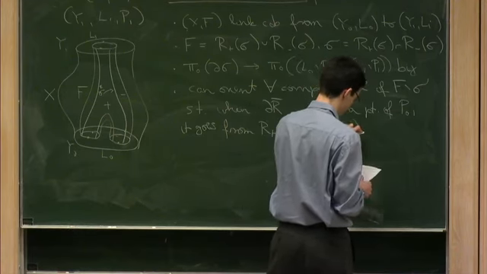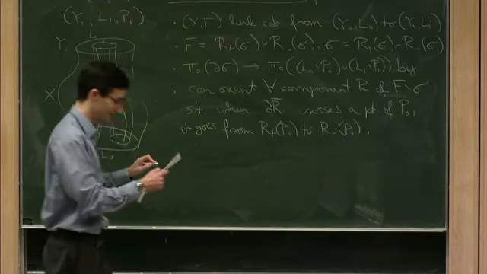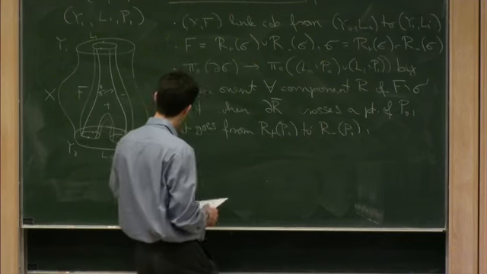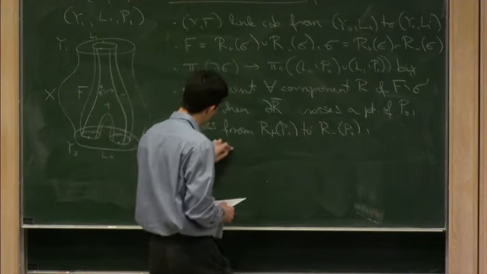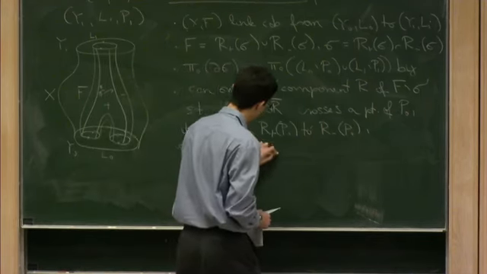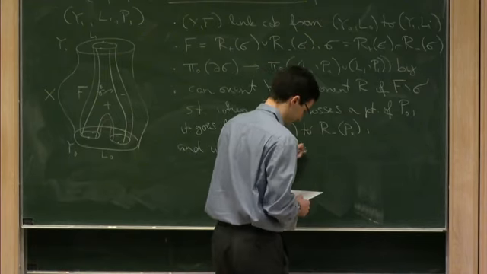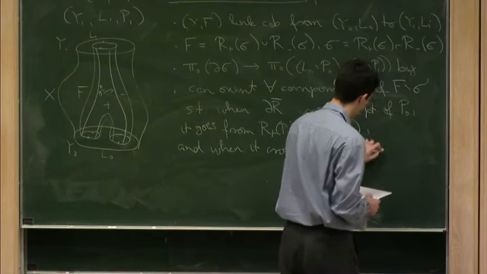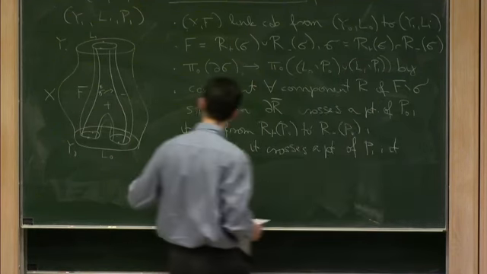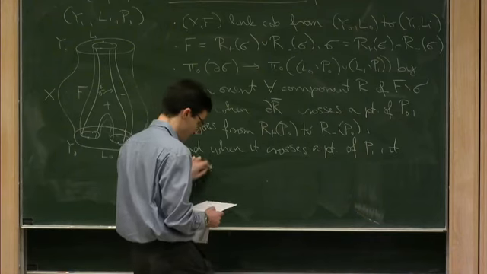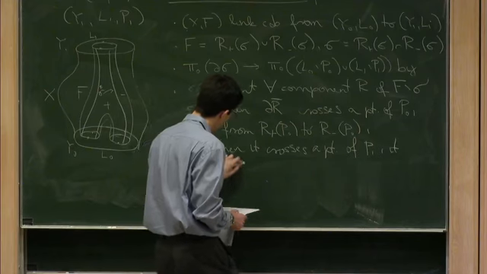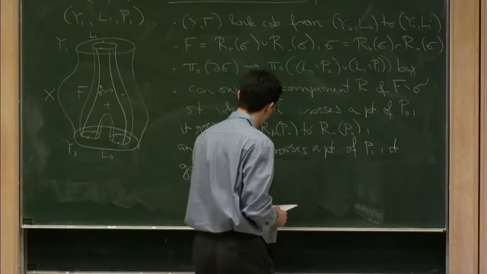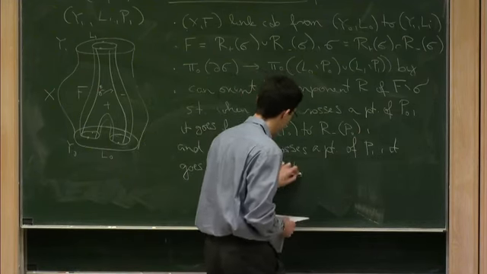And on the top, it does exactly the opposite. So when it crosses a point of P1, it goes from R minus of P1 to R plus of P1.